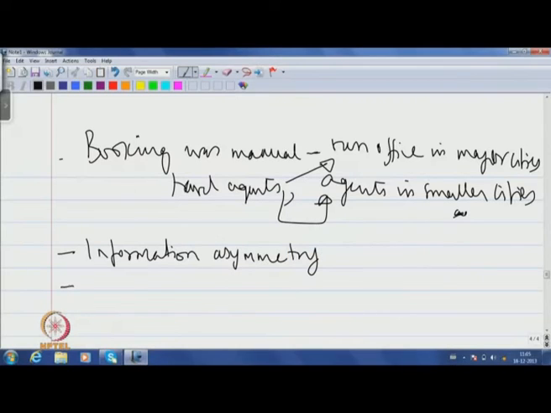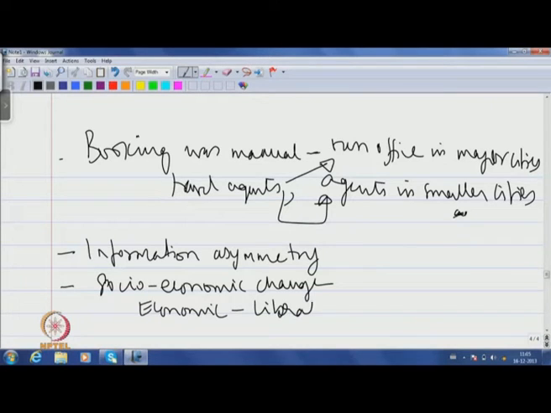Another important thing that was happening at that point of time was a major socio-economic change in our country. The economic change was driven by liberalization and industry growth.